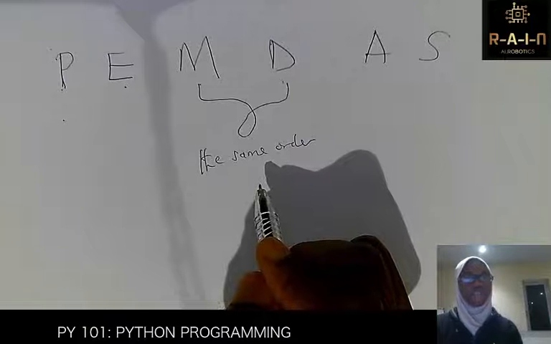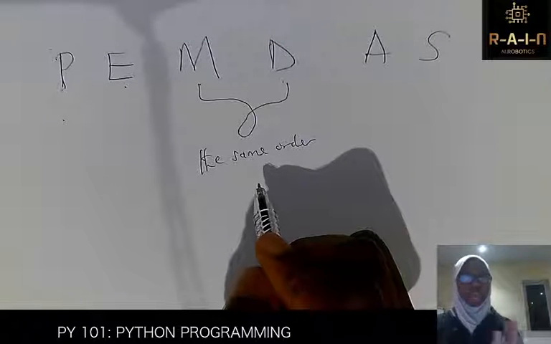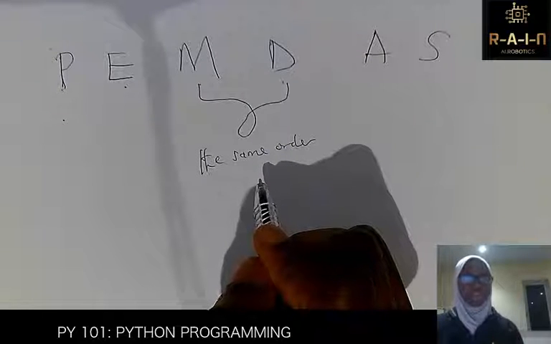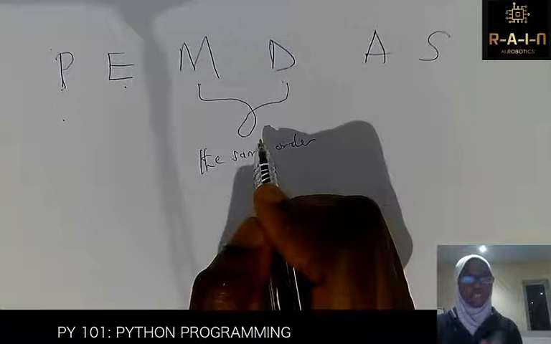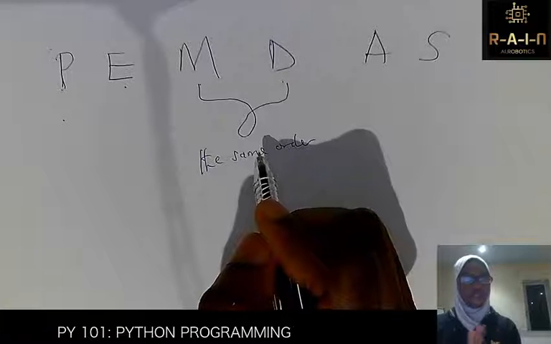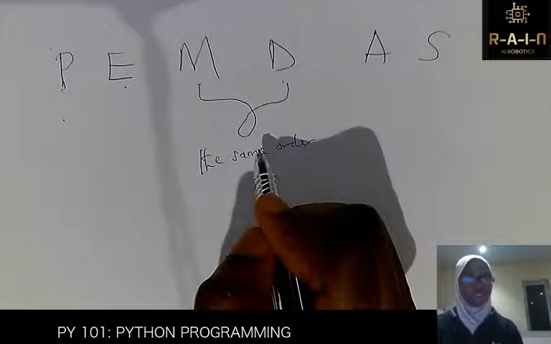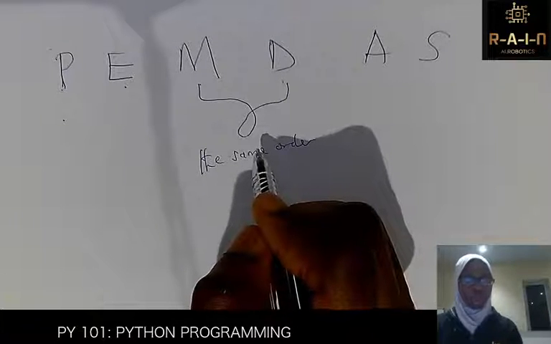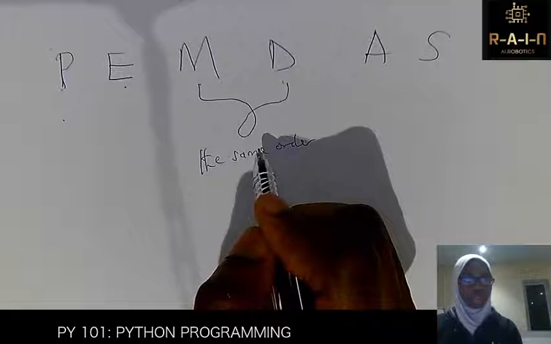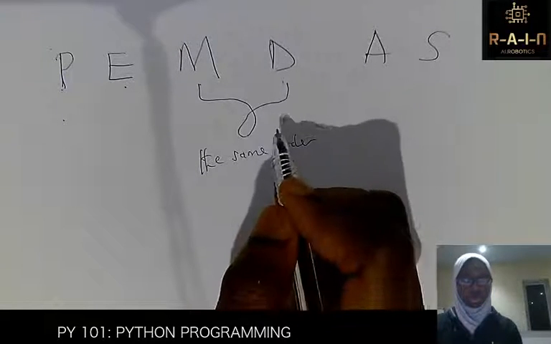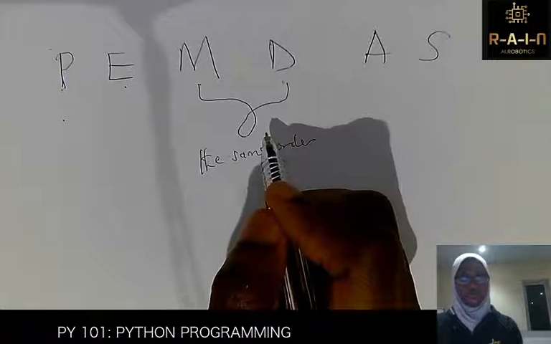Expressions are always evaluated from left to right. So whichever Python sees first, it is going to execute first. If Python sees division first, it is going to evaluate division. If Python sees multiplication first, it is going to evaluate the multiplication.